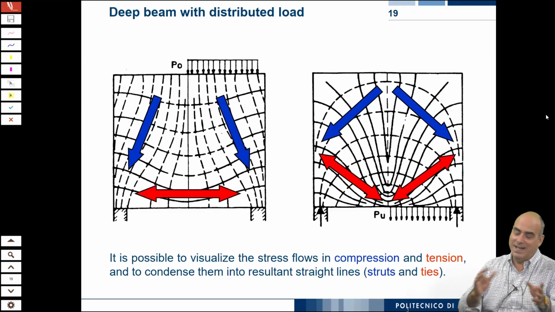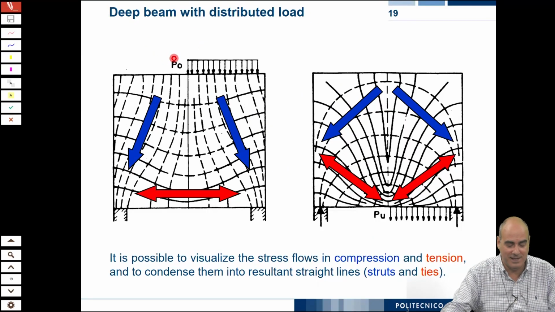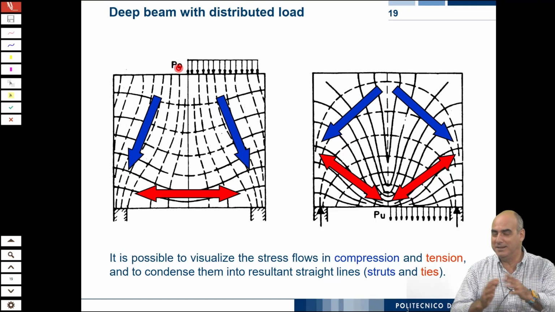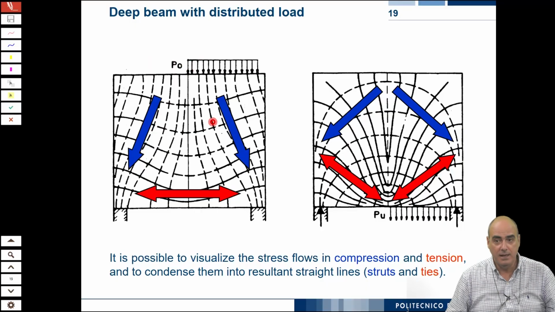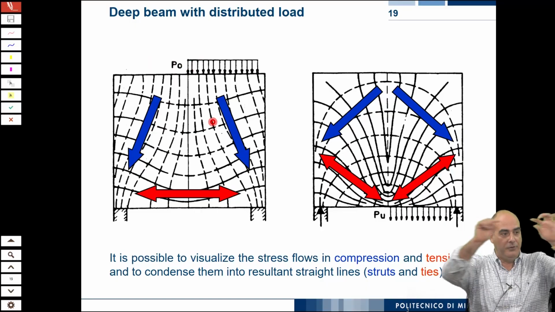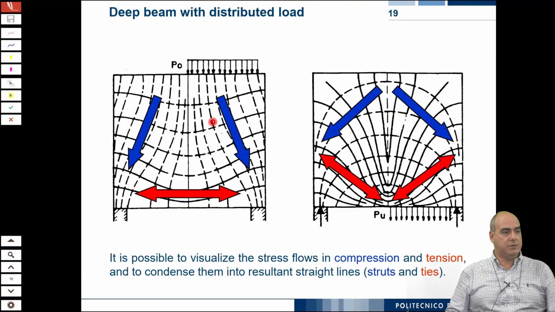The load is symmetric. It's simply drawn that way for the clarity of the drawing. You have to imagine this load also applied throughout. But if you apply the model of a beam, you do not distinguish these two situations. You don't care about where the load is applied.